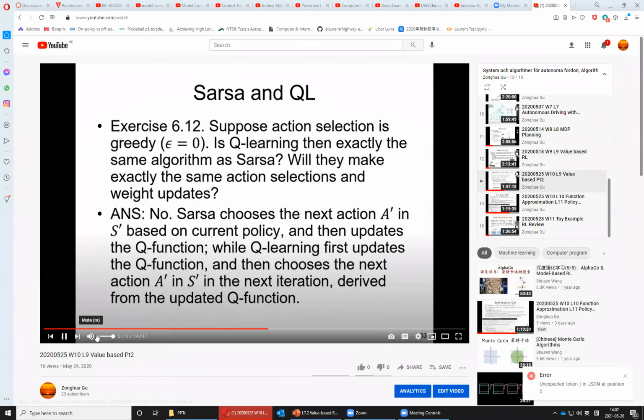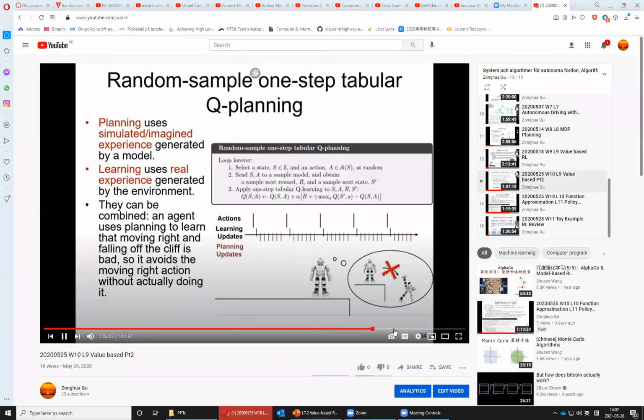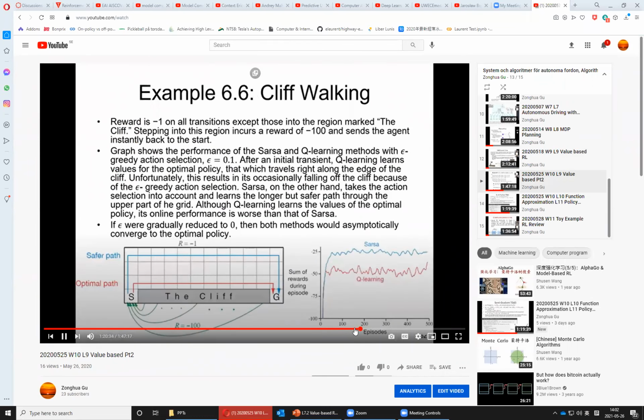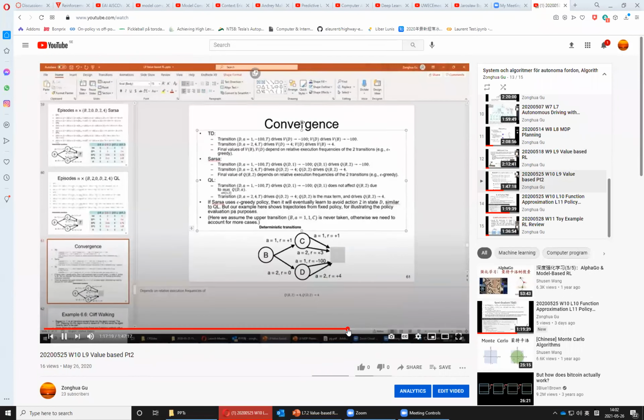Choose the Q and then choose the next action, or Sarsa or expected Sarsa. If the environment is a safe path, so that's part.